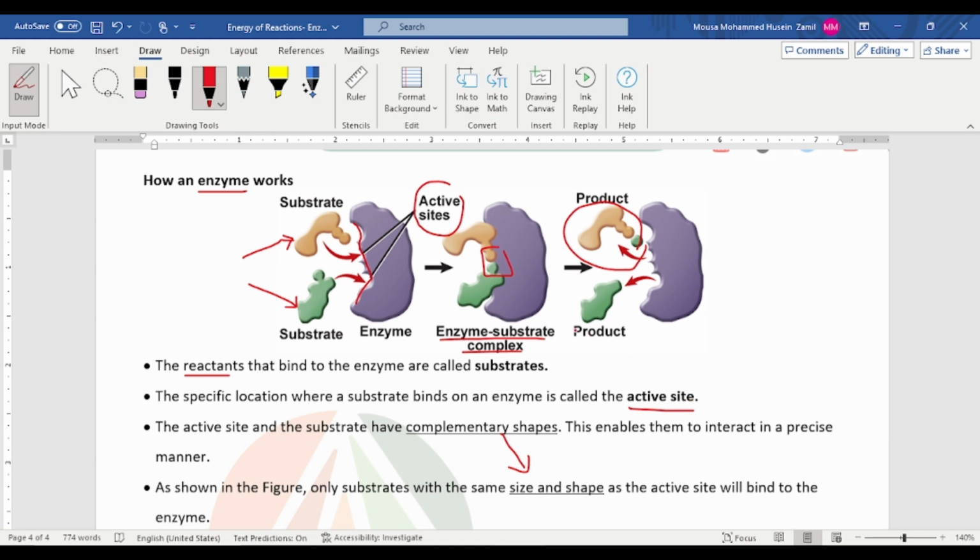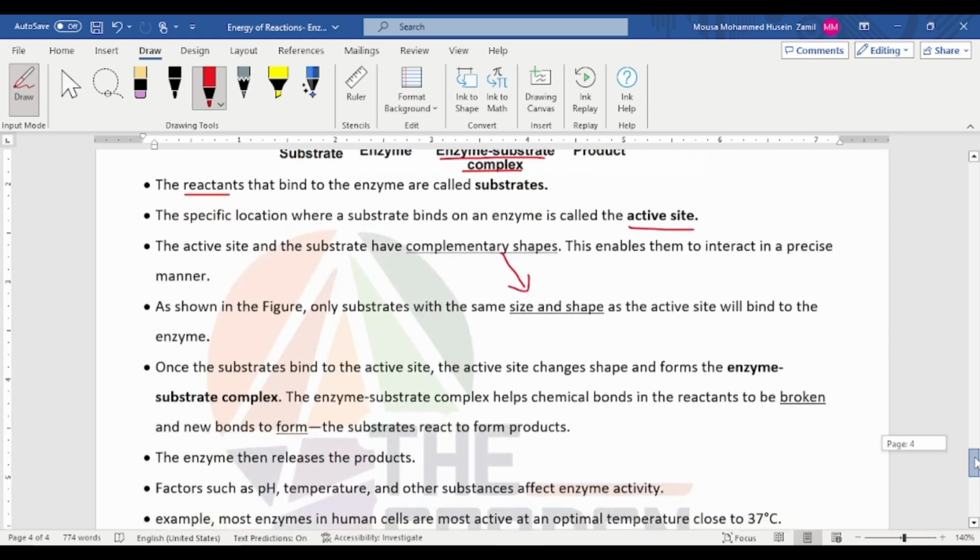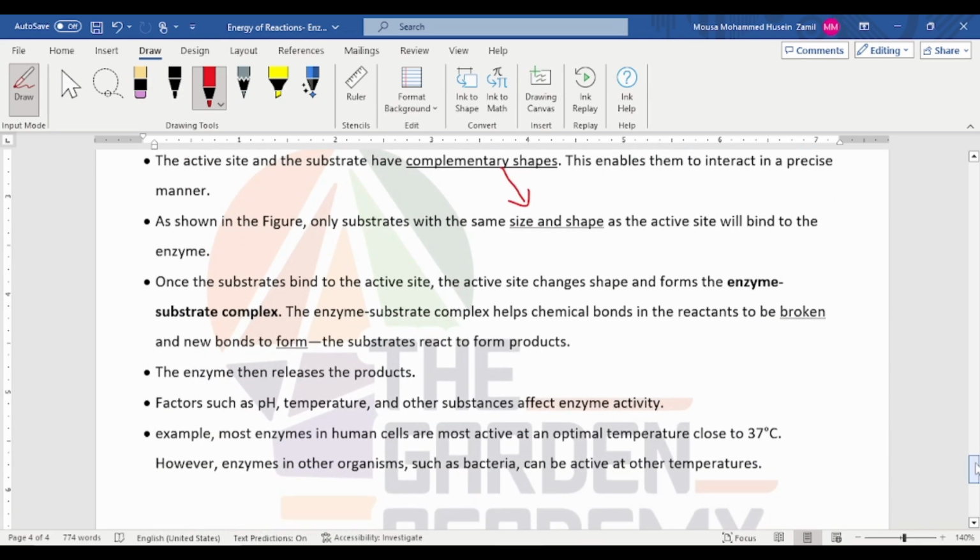Another thing you have to think about is that the enzyme works perfectly in certain conditions. Once these conditions change, the enzyme is not going to work perfectly. Some of the factors which affect the enzyme are pH and temperature.